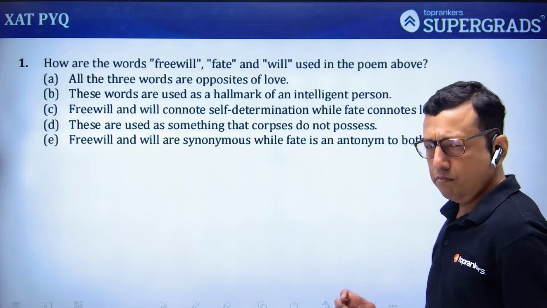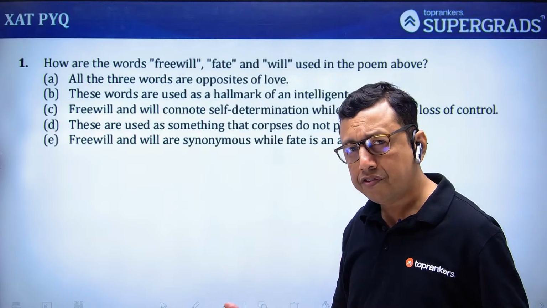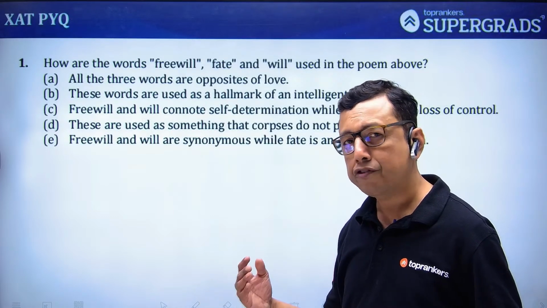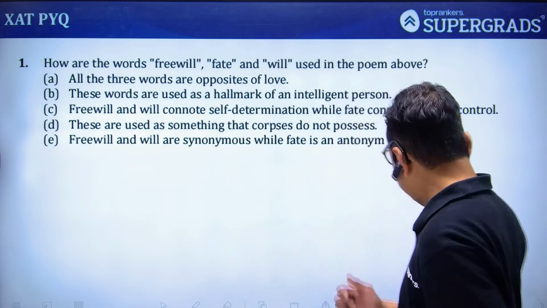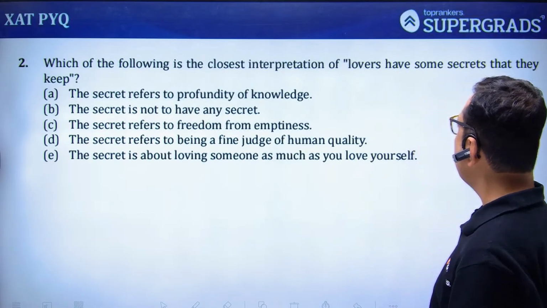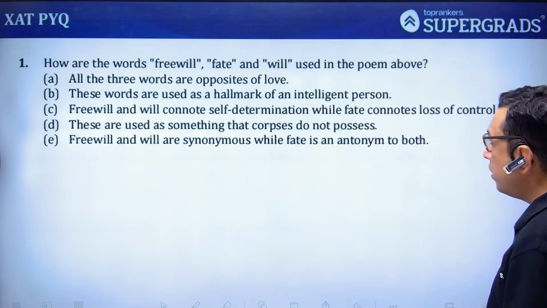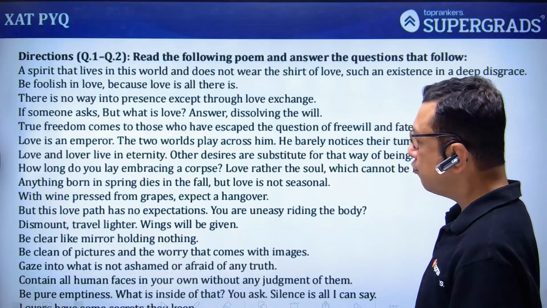Okay, so the point to understand here is by elimination, you can solve poem-based questions. Which of the following is the closest interpretation of "lovers have some secrets that they keep"? Now, this is coming from the last few sentences of the poem.